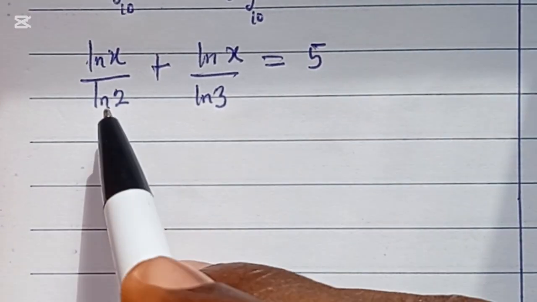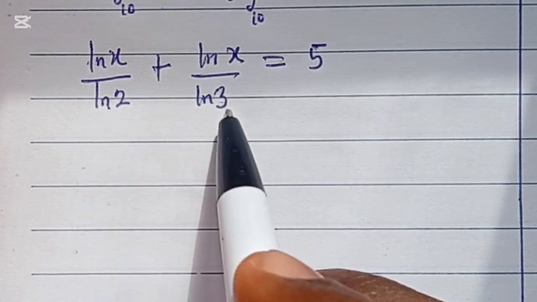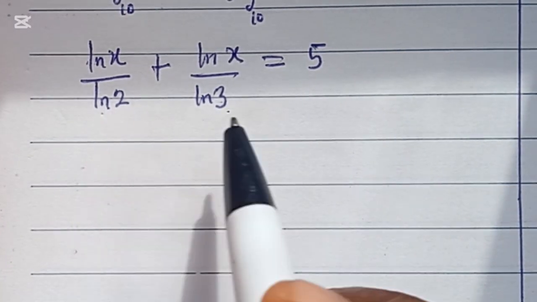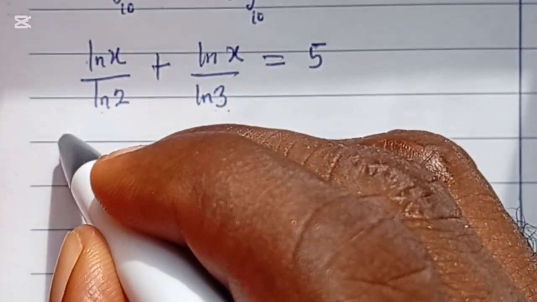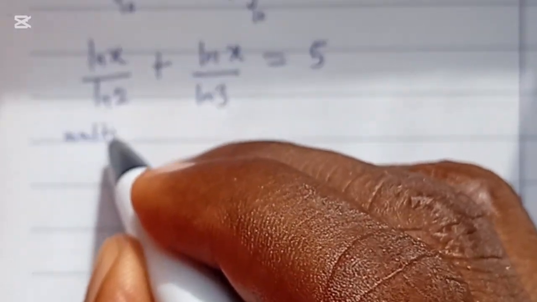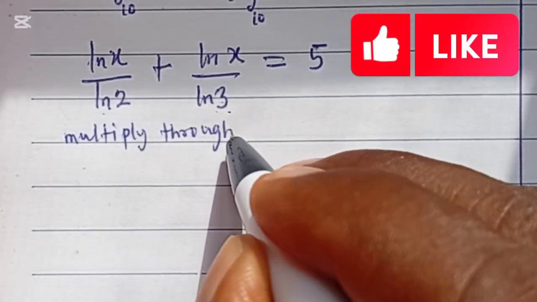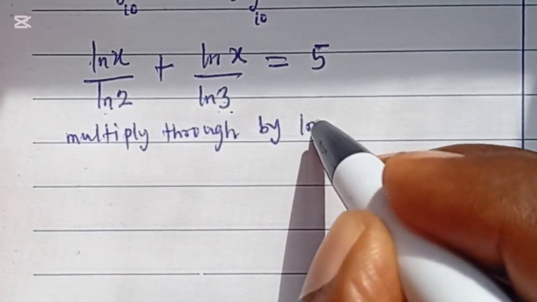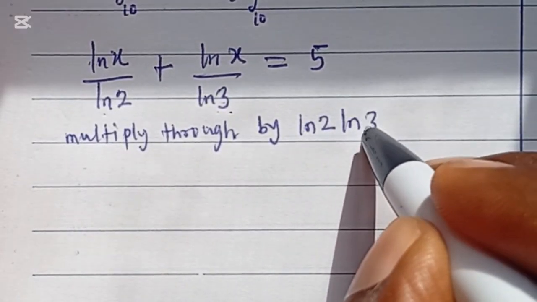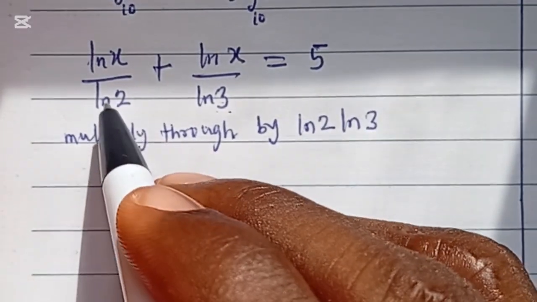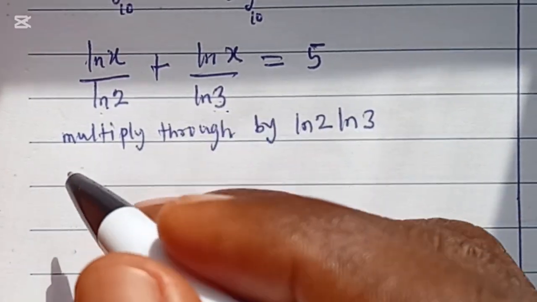What you can do is to take the lowest common multiple of the denominators, and since they are ln 2 and ln 3, you can simply multiply through by the product, ln 2 ln 3. Okay, so you are multiplying each term by this product and then you simplify.